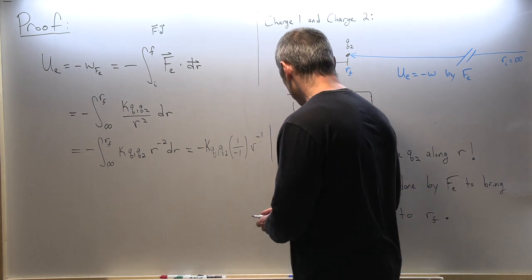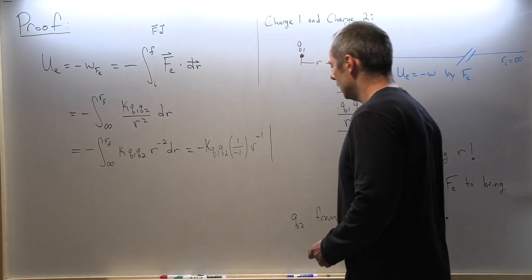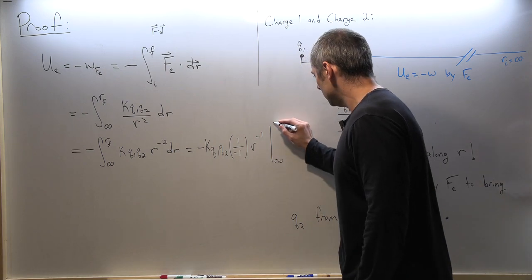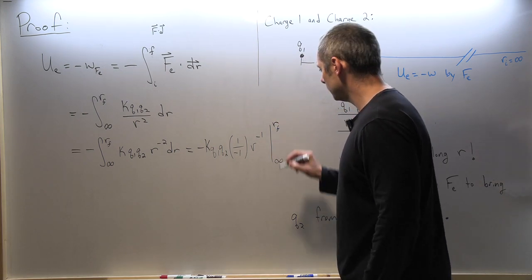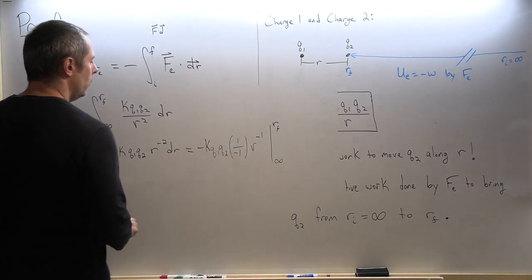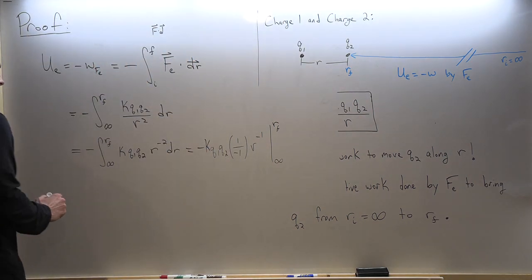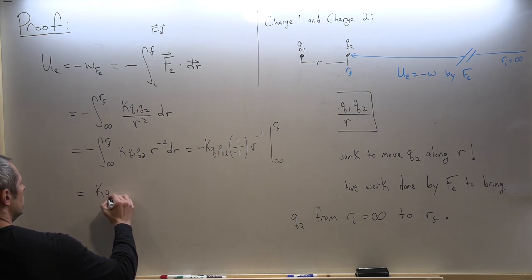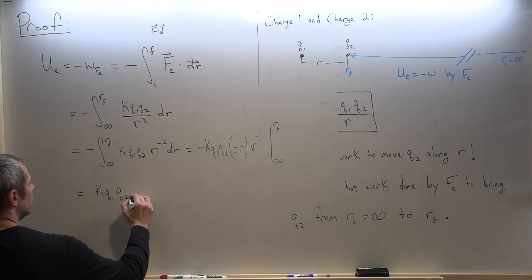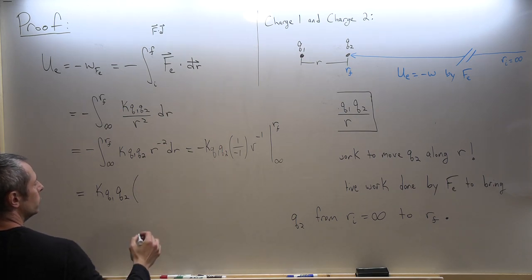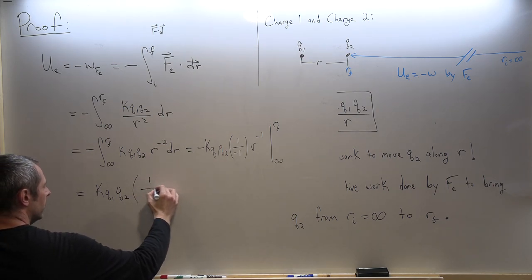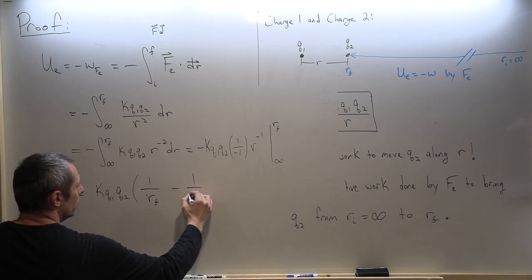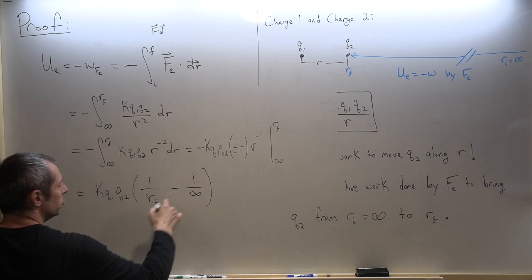And then for my limits of infinity to R final. Now notice the minus signs go away, and so now I just need to plug in my limits. So K, Q1, Q2, R to the minus 1 is 1 over R, so I plug in R final first, and then I plug in 1 over infinity second, subtracted.